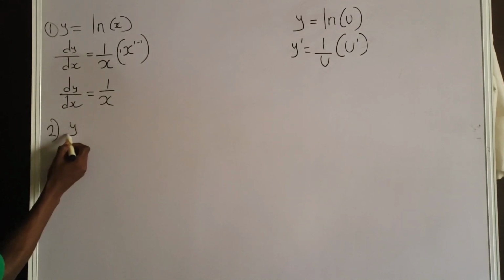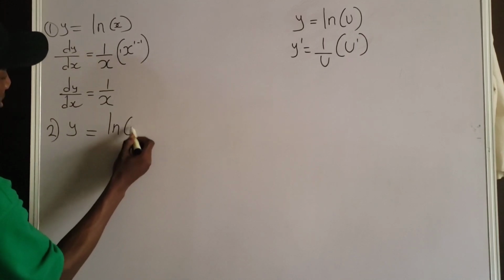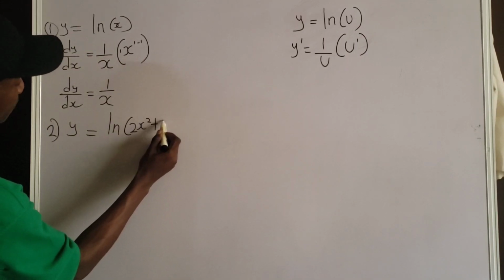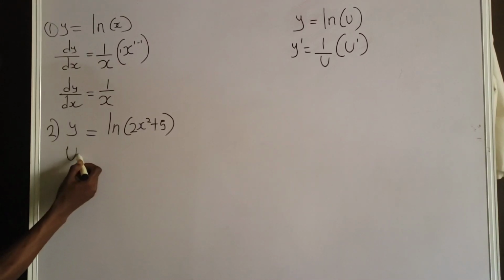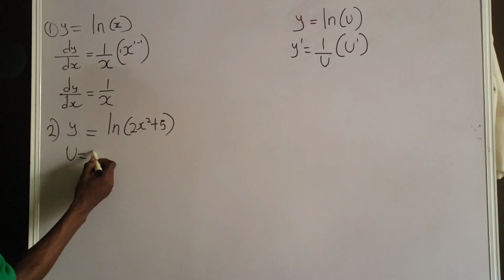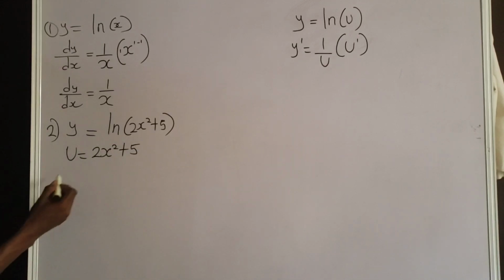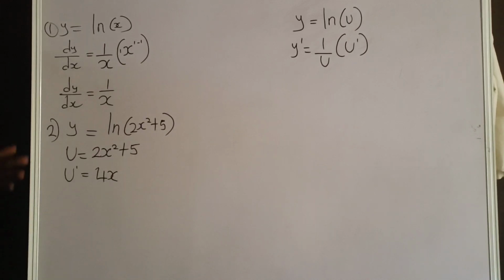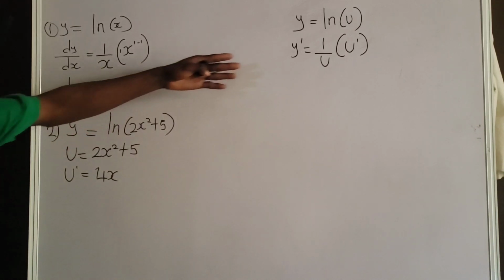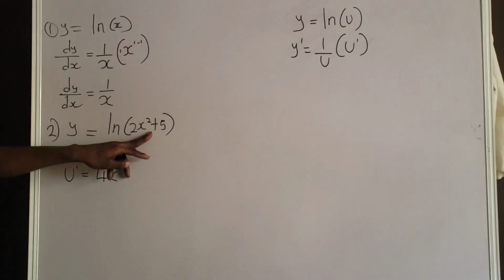Okay, let's move to example 2. We are told to find the derivative of y equals ln of 2x squared plus 5. Don't forget the approach. u is equal to what? u is equal to 2x squared plus 5. The derivative of u, which is u prime, is equal to what? 4x. So according to the logarithmic differentiation rule, I told you that we are just going to take the inverse of the parameter that is here.